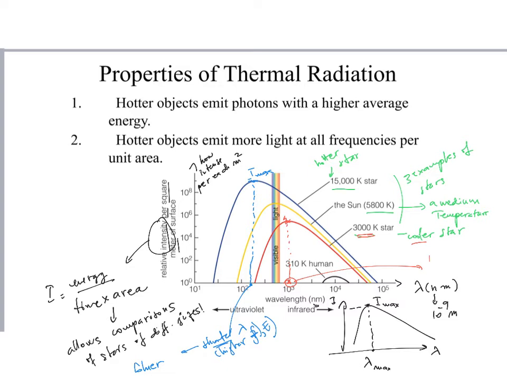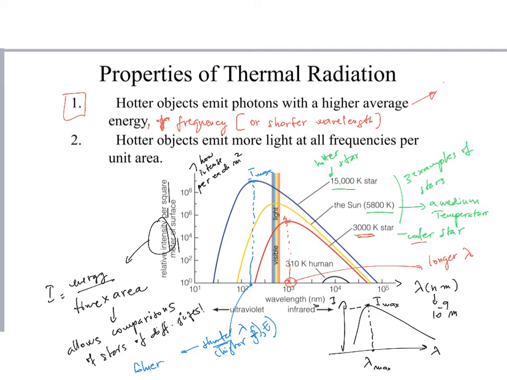This one is longer wavelength. So that is rule number 1, or property number 1: hotter objects emit photons with a higher average energy or frequency. And if it's higher average energy, it's going to be shorter wavelength. Okay, so that's rule number 1.